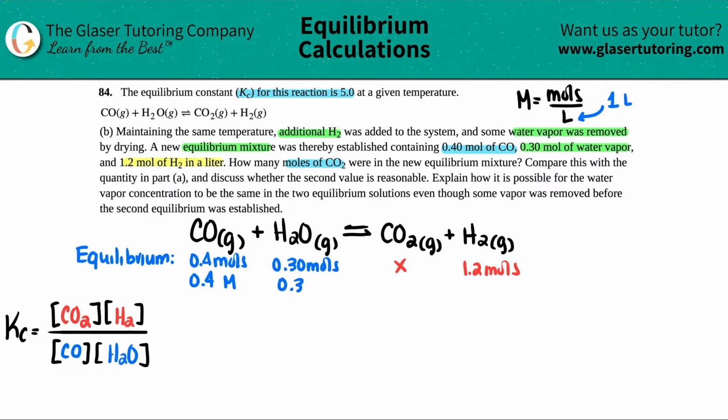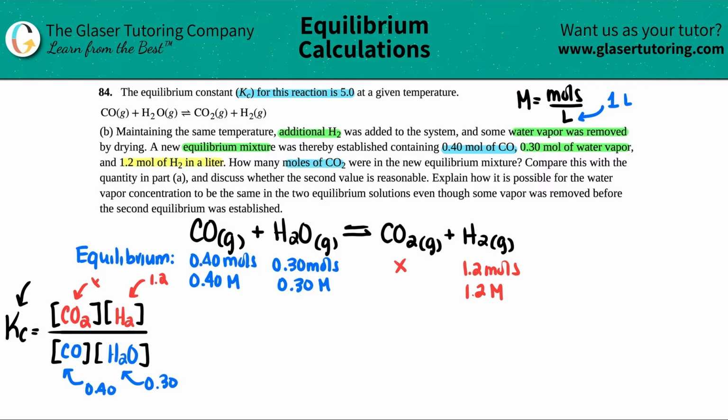So I have 0.30 molarity, and then we have 1.2 molarity. So 1.2 going right in here. This is our X value. This is 0.40, and then this is 0.30, and we're just solving for the CO2.